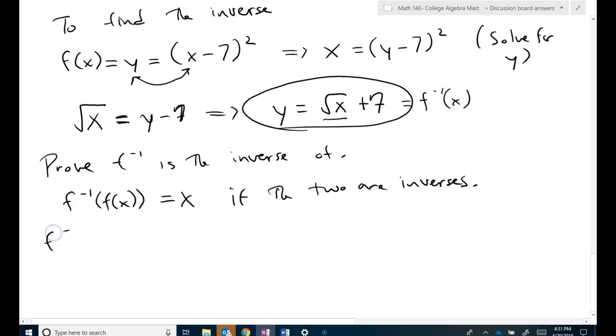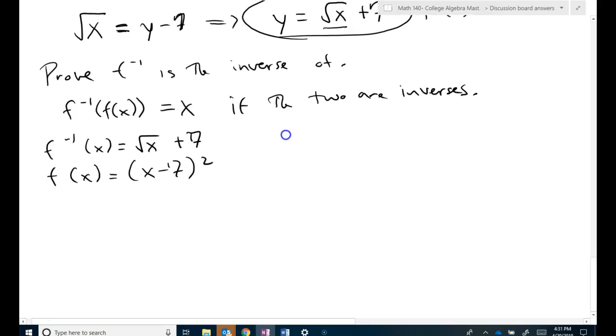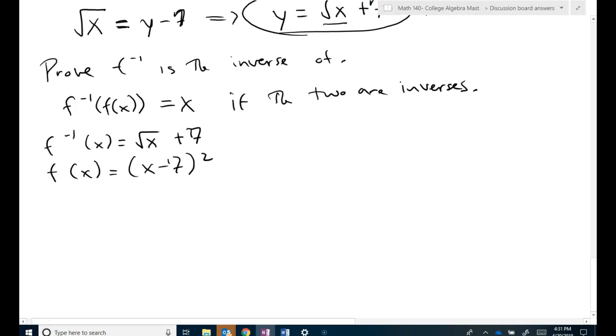Remember, f inverse of x is equal to the square root of x plus 7, and f of x is equal to x minus 7 squared. So let's take f inverse of f of x. Let's write this out: f inverse of f of x equals the square root of x minus 7 squared plus 7.